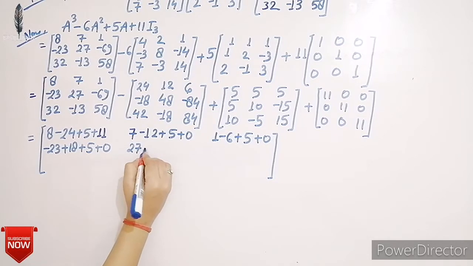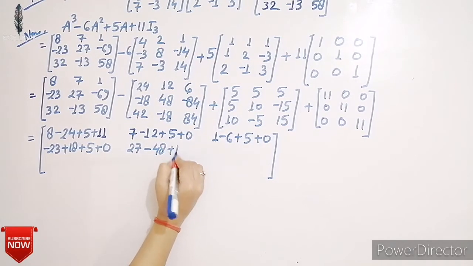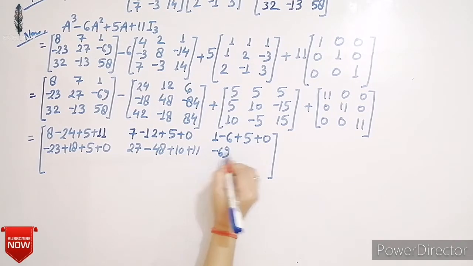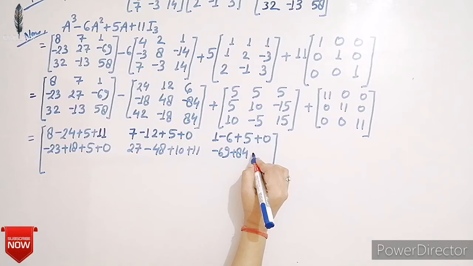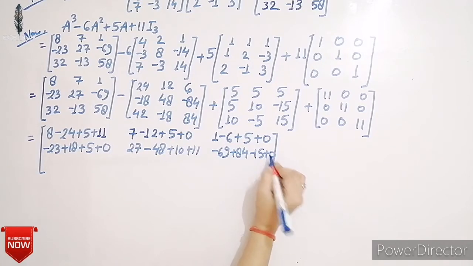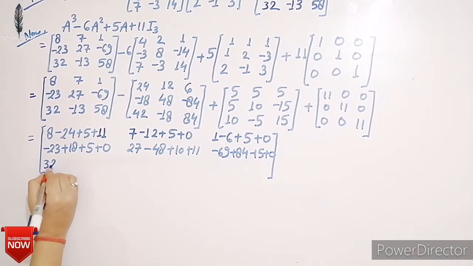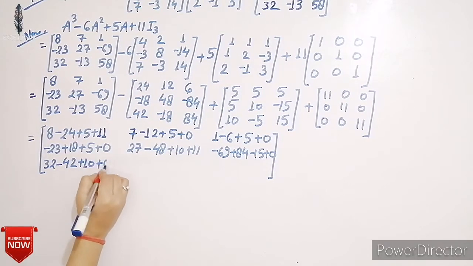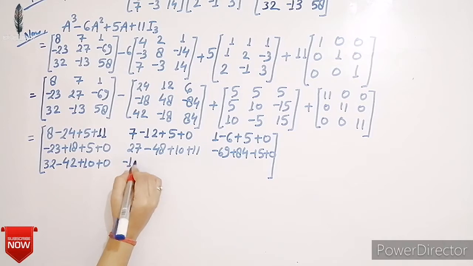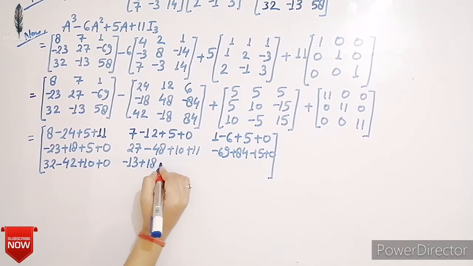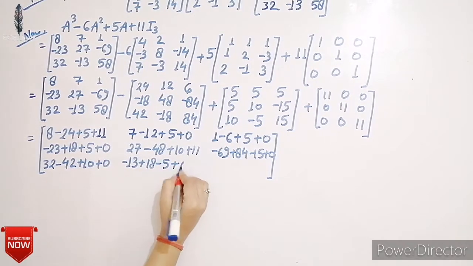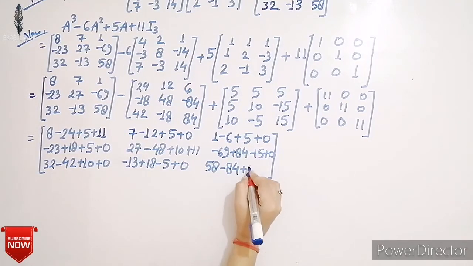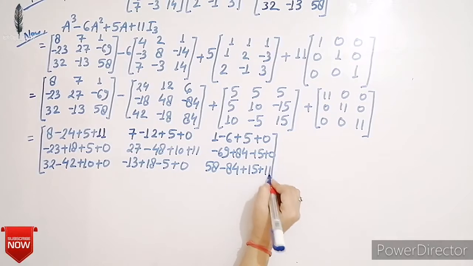Here 27 minus 48 plus 10 plus 11, and here minus 69 plus 84 minus 15 plus 0. Now in the third row we have 32 minus 42 plus 10 plus 0. Here minus 13 plus 18 minus 5 plus 0, and here 58 minus 84 plus 15 plus 11.